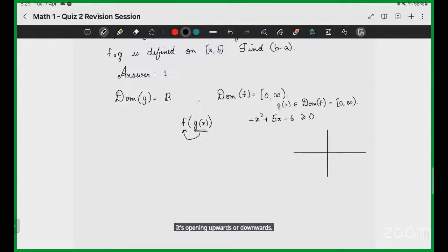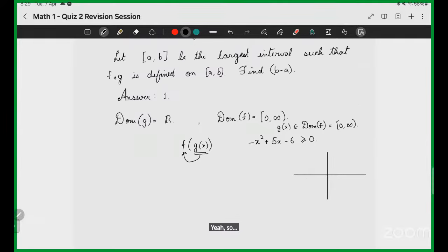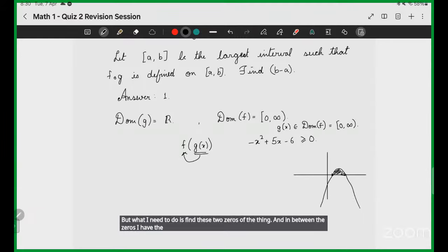Downward, as a is negative. So generically it's something like this. What I need to do is find the two zeros of the function, and in between the zeros, the function is positive.